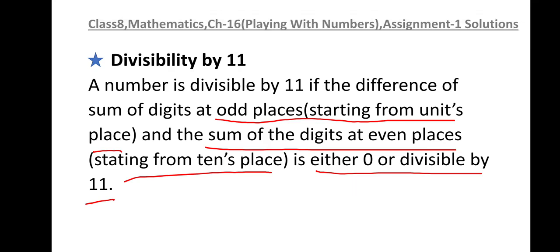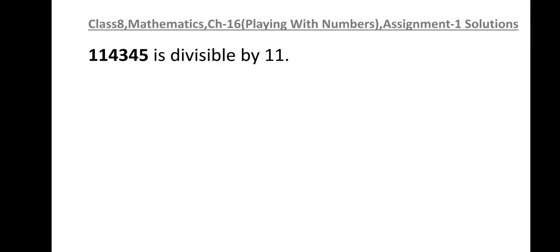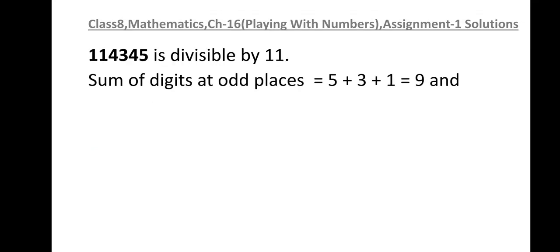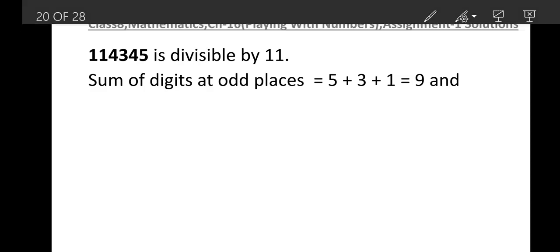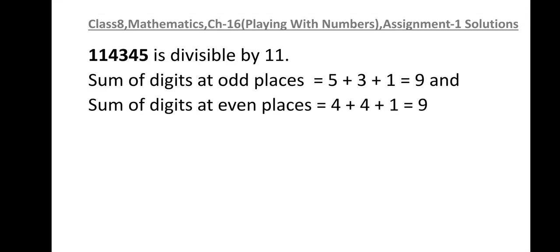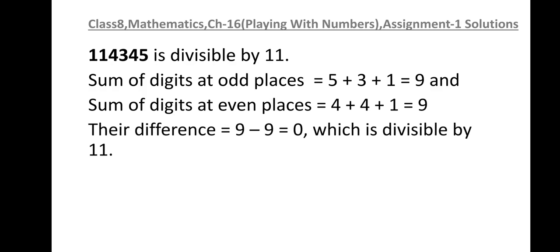This is the rule. Let us apply this rule to this number. Sum of the digits at odd places will be 5 plus 3 plus 1, that is equal to 9. And sum of the digits at even places is equal to 4 plus 4 plus 1, that is again 9. And their difference, 9 minus 9, is equal to 0, which is divisible by 11.